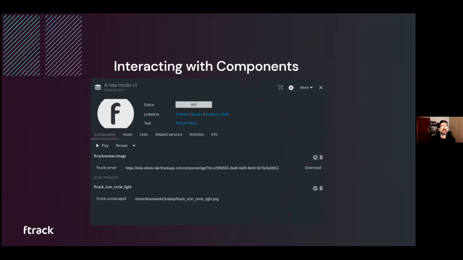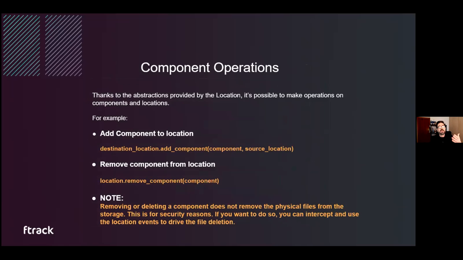So let's see how we can interact with the components and what kind of operations we can have between components and locations. Due to the fact that, as you remember, we said the locations are built-in layers, here is where we can see how powerful this system is. We're going to start doing really complex operations, but with simple commands.